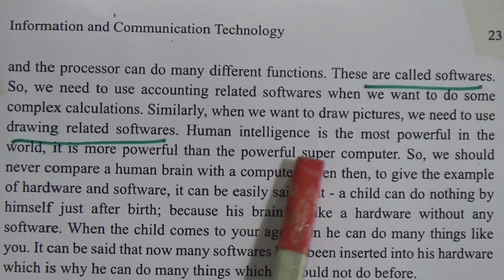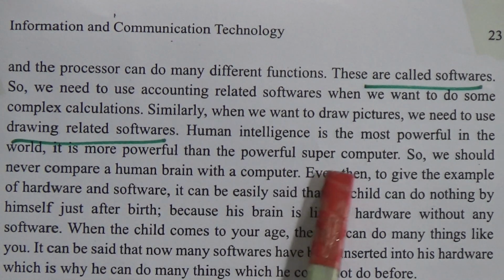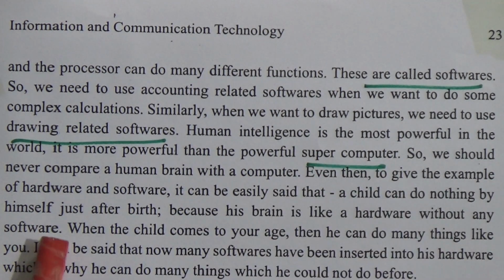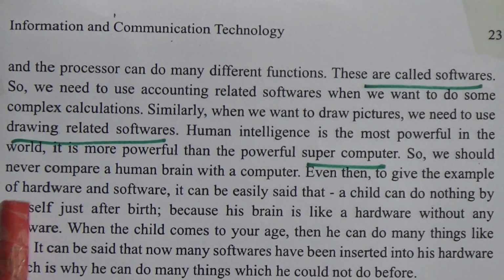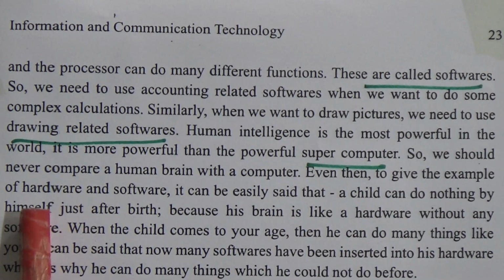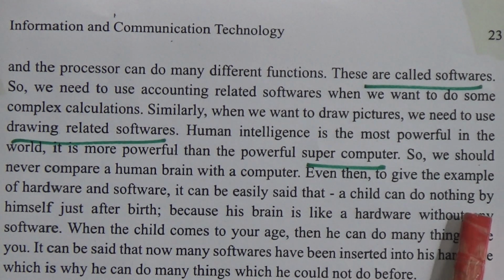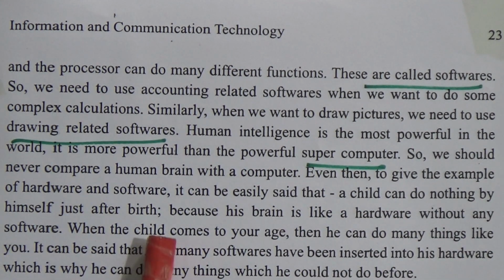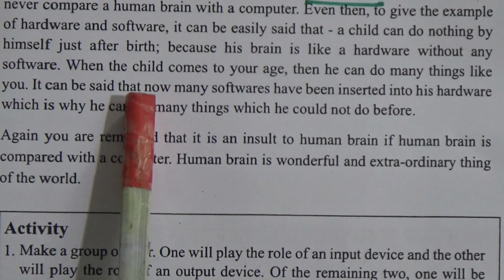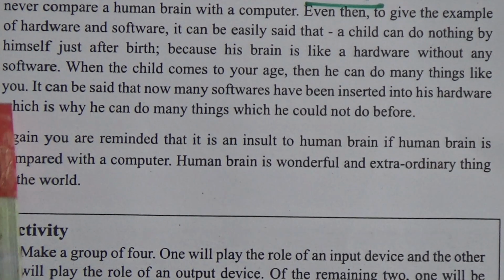So human intelligence is the most powerful in the world. It is more powerful than the powerful supercomputer. So human brain is more powerful than the supercomputer. So we should never compare a human brain with a computer. Even then, to give the example of hardware and software, it can be easily said that a child can do nothing by himself just after birth, because his brain is like hardware without any software. When the child comes to your age, then he can do many things like you.